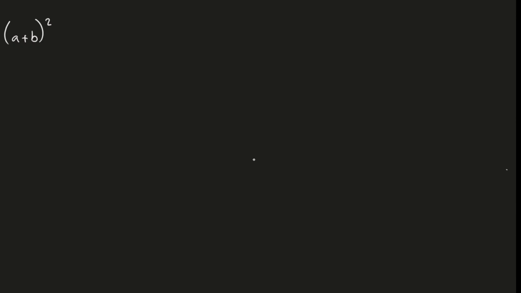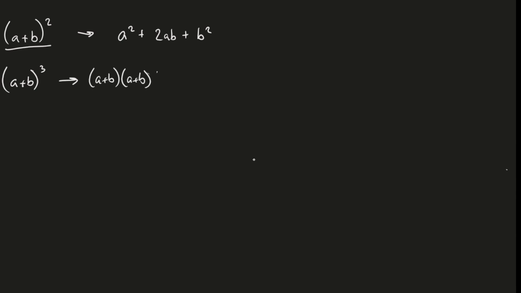So for example, let's say we were asked to expand (a plus b) all squared. Well, using simple FOIL, we can deduce that this would give us a squared plus 2ab plus b squared. We know that's simple, and if we had to the third power, which is the next power, that's the same as saying (a plus b) times (a plus b) times (a plus b).